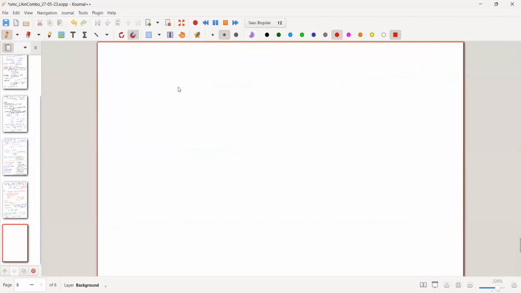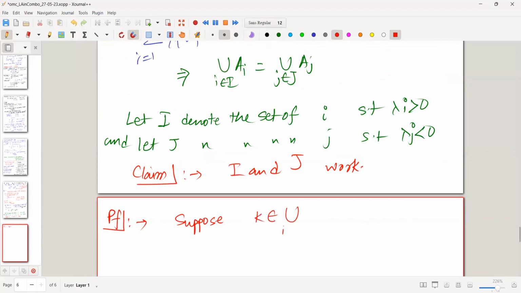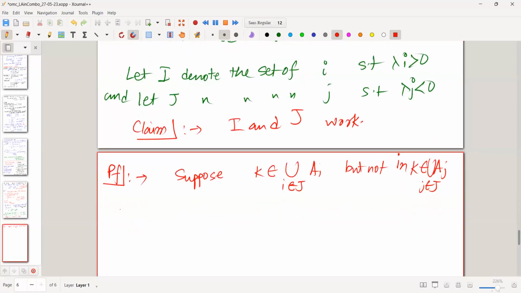So now why is this true? The proof goes like this. Suppose there is some k in the union of the A_i's, but not in the union of the A_j's. Right.